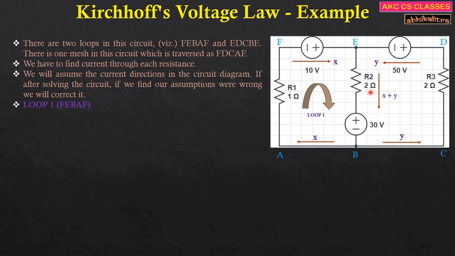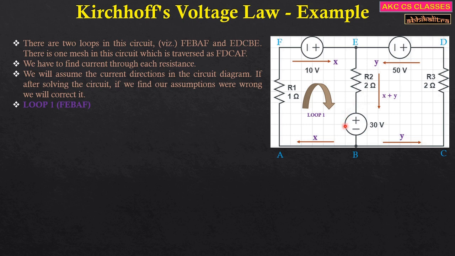So it is basically minus 2 into x plus y, where x plus y is the current I and R is 2. It is negative because we are moving from higher potential to a lower potential, as we already know from the previous slide. So it will be minus 2 times x plus y.